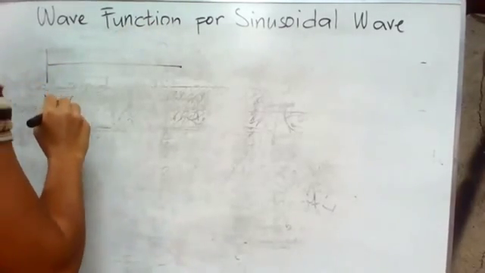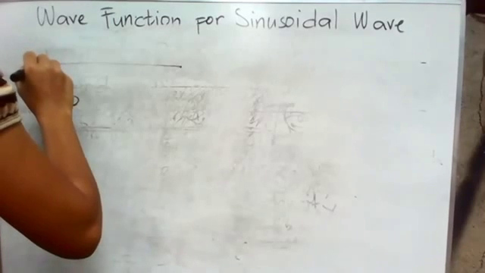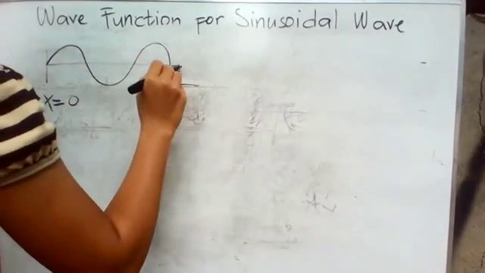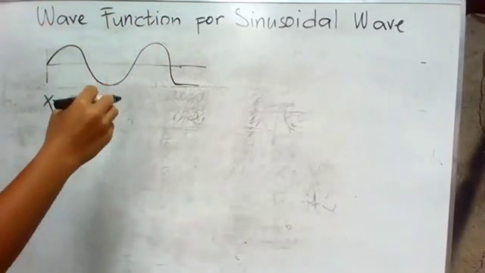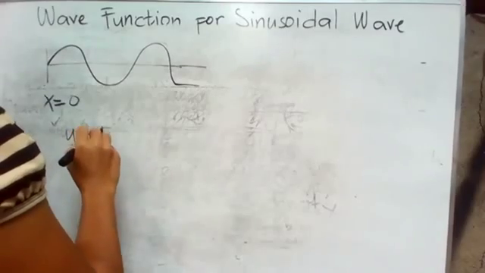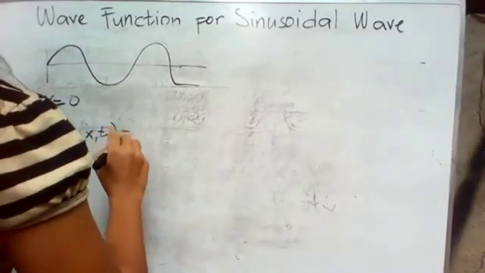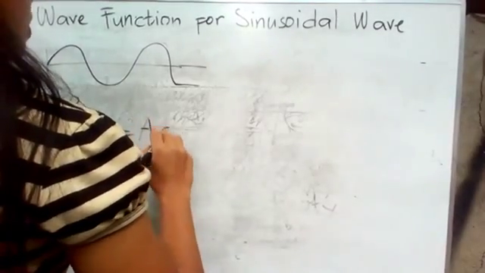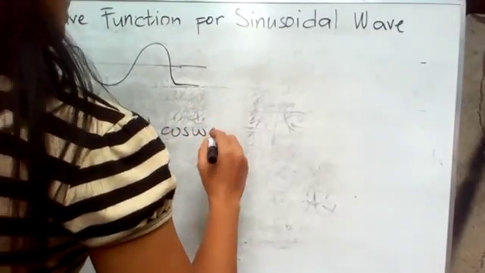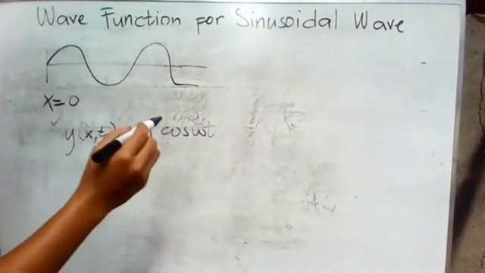Now suppose the displacement of a particle at the left end of the string, x equals 0, where the wave originates, is given by y(x,t) equals A cosine omega t.